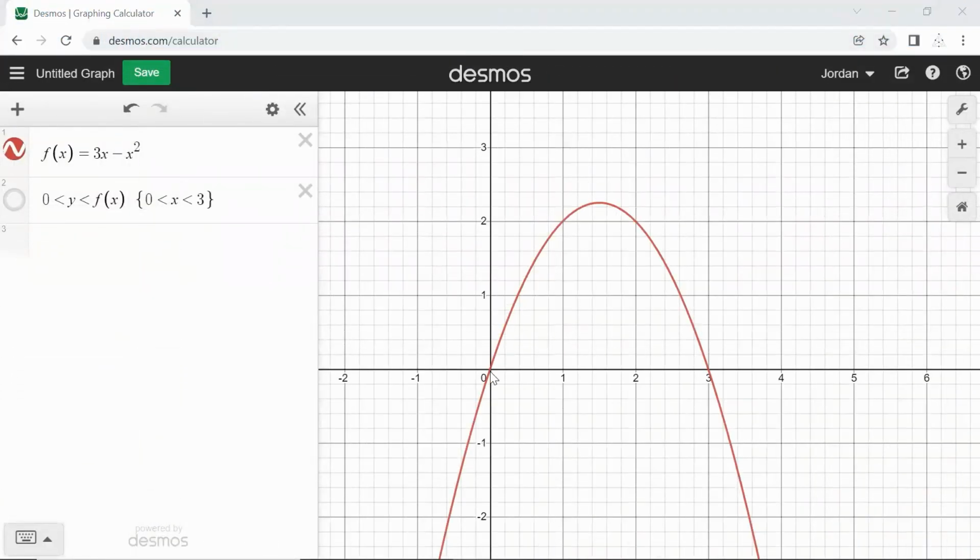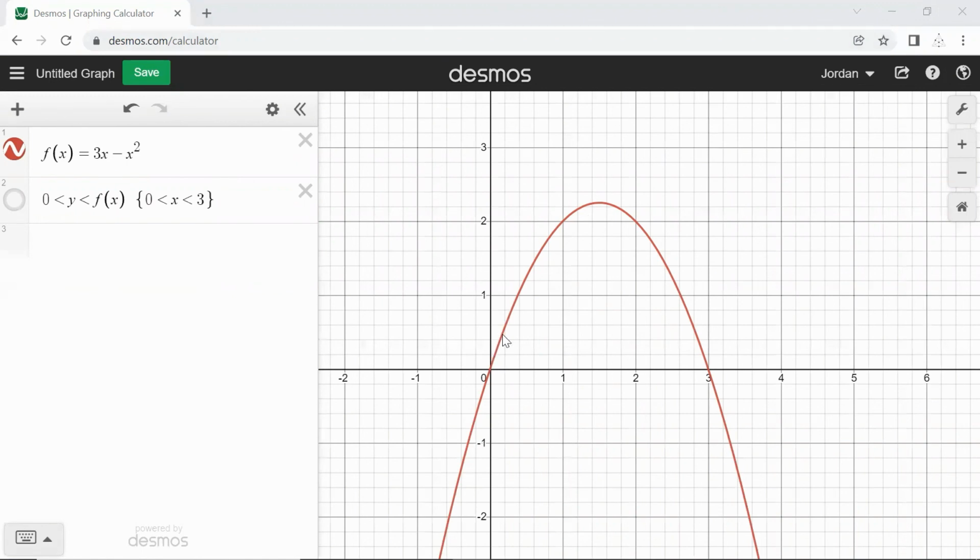If we were to draw a picture, you would see the parabola pointed down from 0 to 3. So the signed area is all going to be positive since it's above the x-axis. But notice these are not straight lines. So if I tried to do this with geometry, I wouldn't get a very accurate picture.